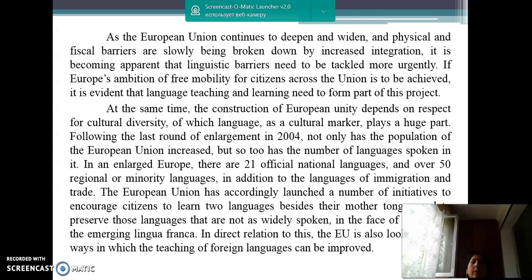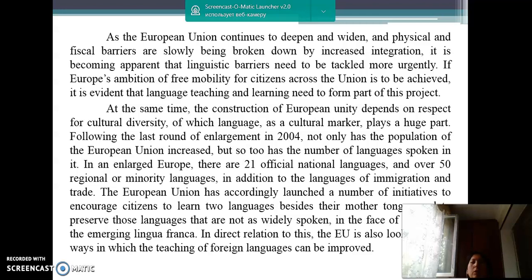Following the last round of enlargement in 2004, not only has the population of the European Union increased, but so too has the number of languages spoken in it. In the enlarged Europe, there are 21 official national languages and over 50 regional and minority languages.